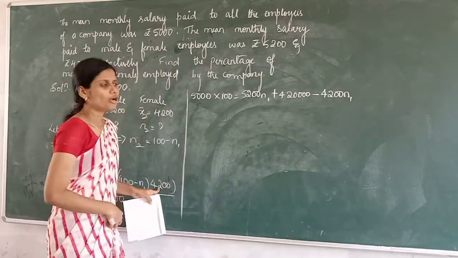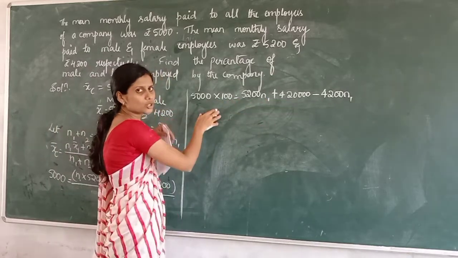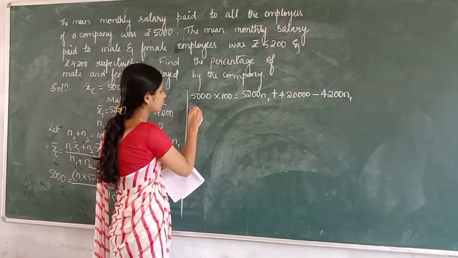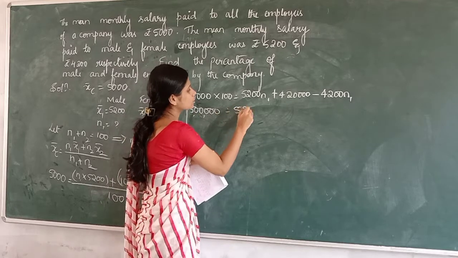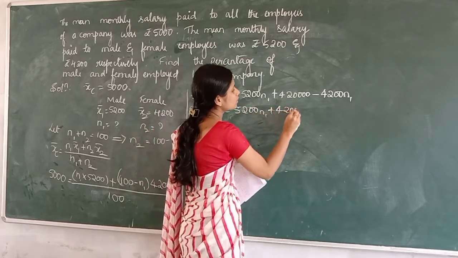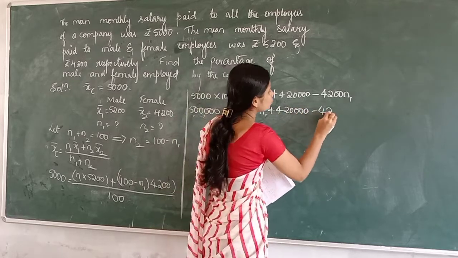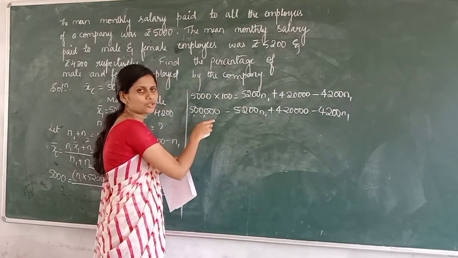Now we bring all the numerical values to one side. 5,000 into 100 is 5 lakh, which is equal to 5,200 N1 plus 4,20,000 minus 4,200 N1. Now we bring the numerical value to the left hand side.